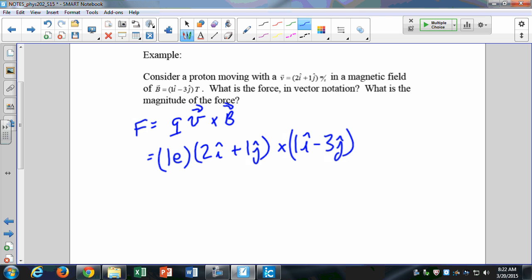If you know that way, you can do your cross products that way if you like. Let me know when you get your cross product, and we'll go to the next step.